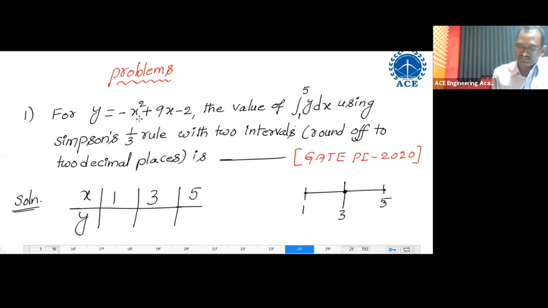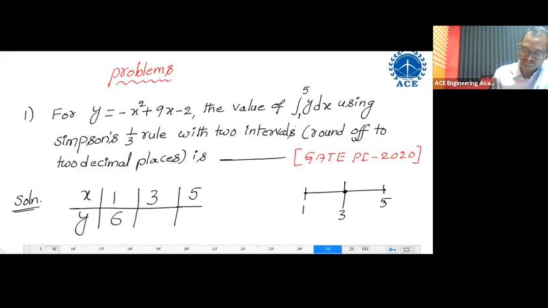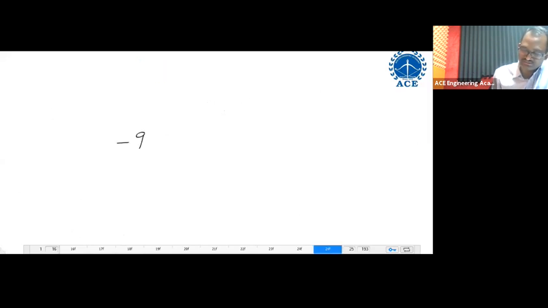If I take x equal to 1, y is minus 1 plus 9 minus 2, which is 6. If I take x equal to 3, minus 3 square is minus 9, plus 9 threes are 27, minus 2. So 27 minus 11 is 16.